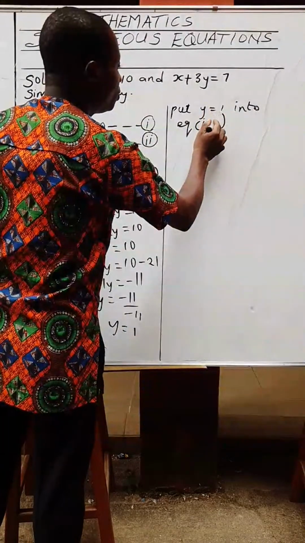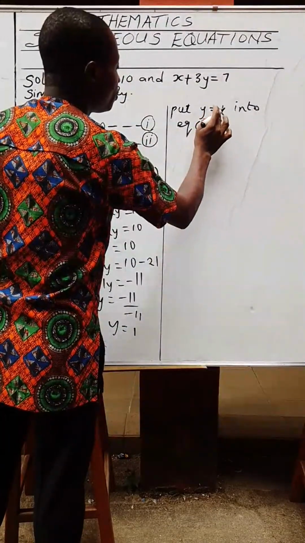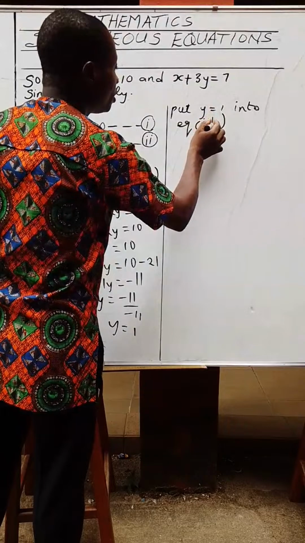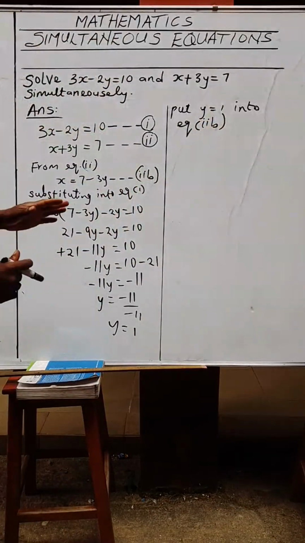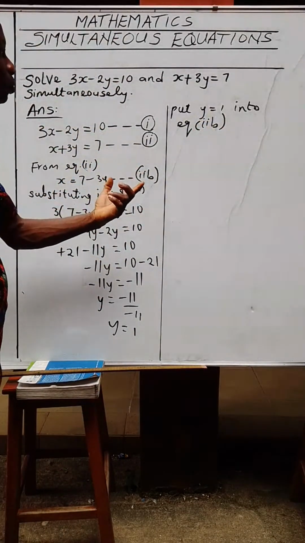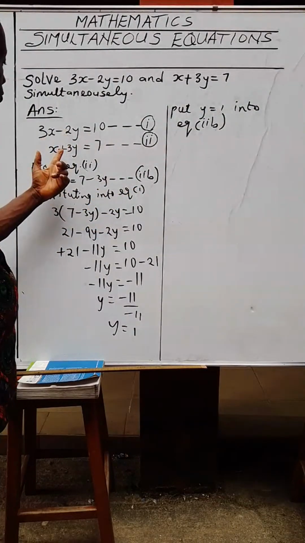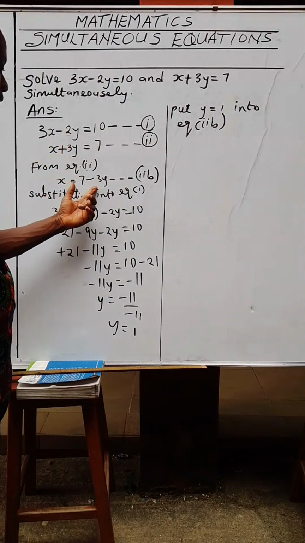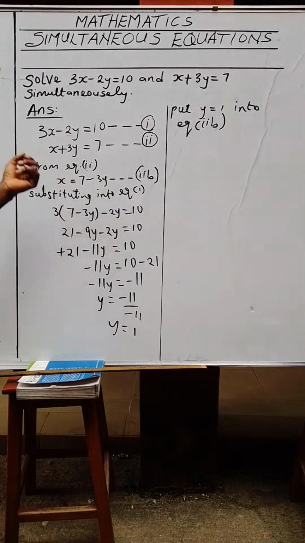Okay, you can actually use any of the equations. Please don't forget, any of the equations can be used. We may decide to use equation 1 or 2 or 2b, right? But this is an already made equation.